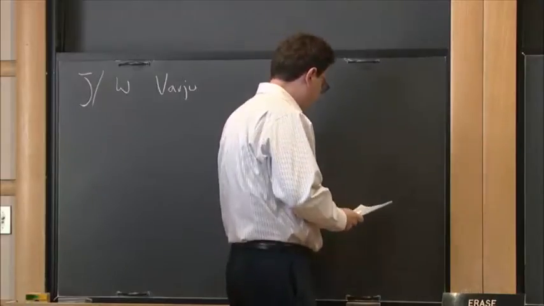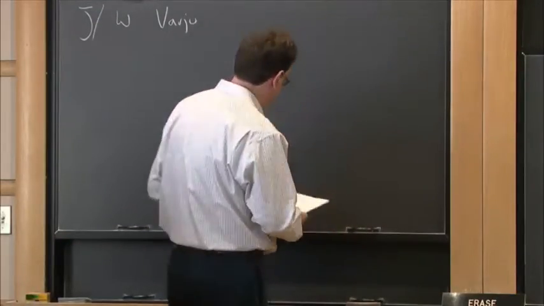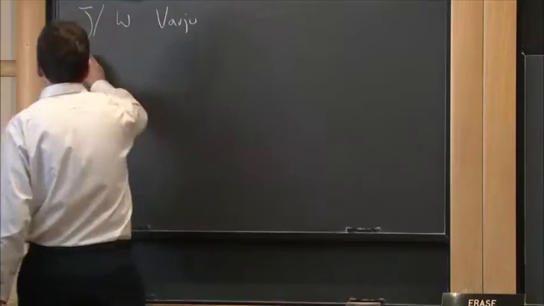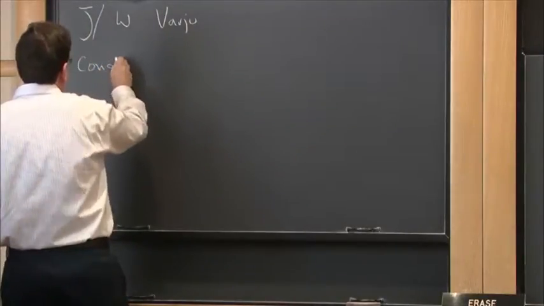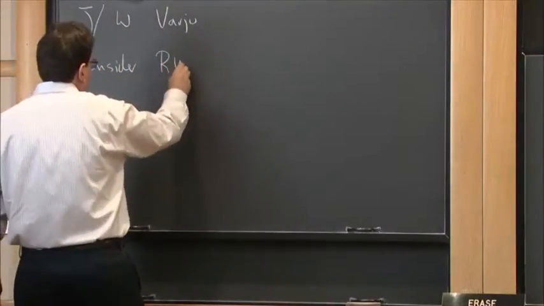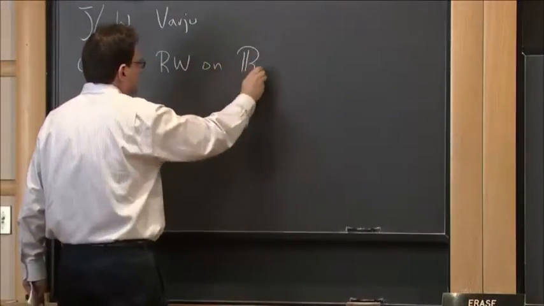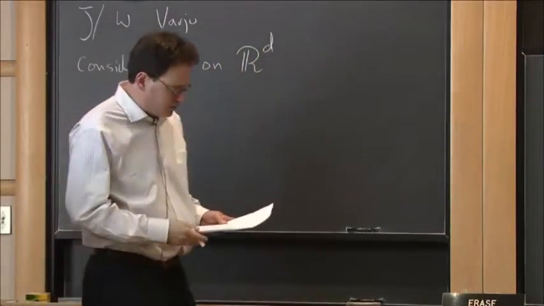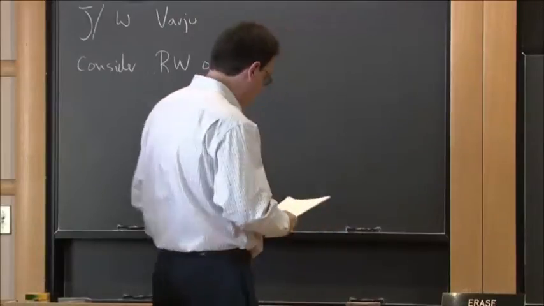And the starting point, we're considering the following random walk. Consider a random walk on d-dimensional Euclidean space. Very simple.